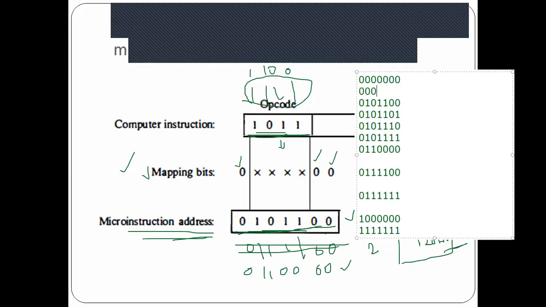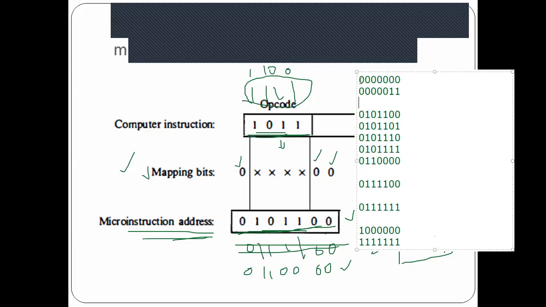Ending of that first subroutine is this. The next subroutine will start from 0 0 0 0 1 0 0. Likewise, till here. So how many bits? 2 power 6. So the first 64 words are mainly dedicated for your subroutines.